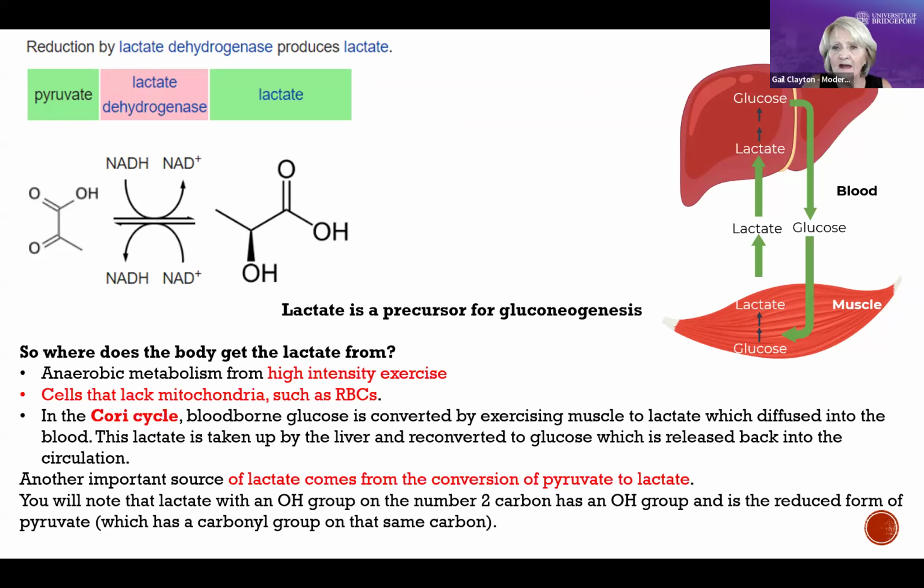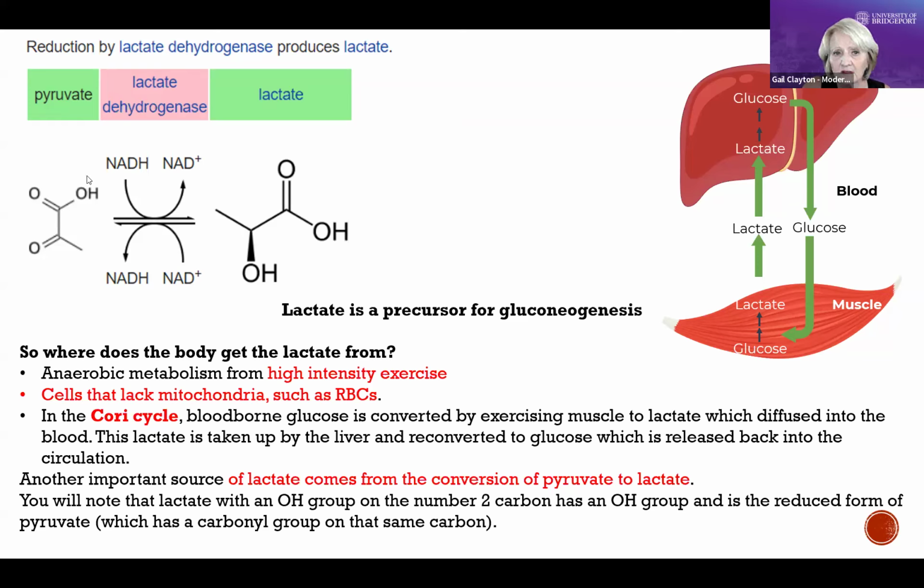Okay. Another important conversion is the source of lactate, which comes from the conversion of pyruvate to lactate. And you'll note that with lactate, the OH group on the number 2 carbon is in its reduced form of pyruvate.